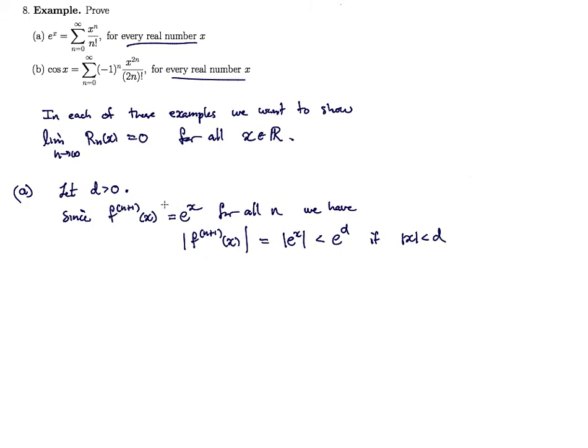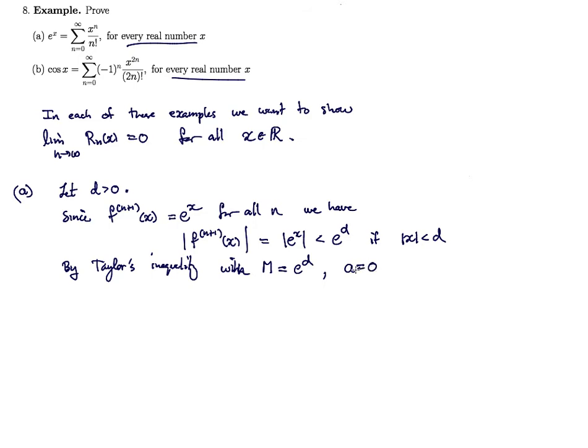We're just looking at some interval, x values smaller than d in magnitude, and we've bounded the nth plus first derivative on that interval. So now we have, by Taylor's inequality, with M equal to the bound on the nth plus first derivative on the interval, so that's e to the d.